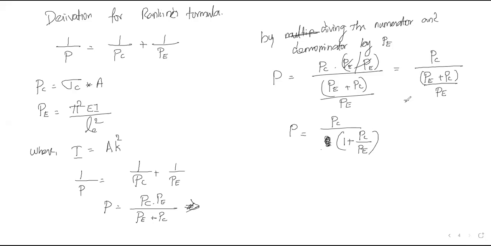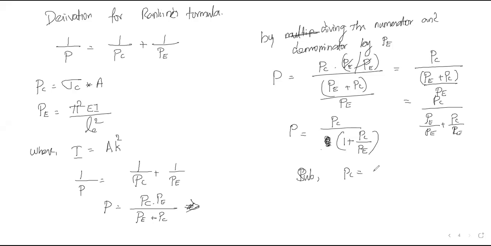If I take it like this, then this equation will come: PC divided by 1 plus PC by PE. So now substitute those values.